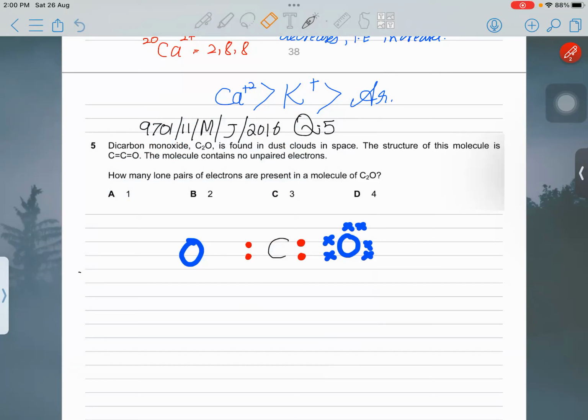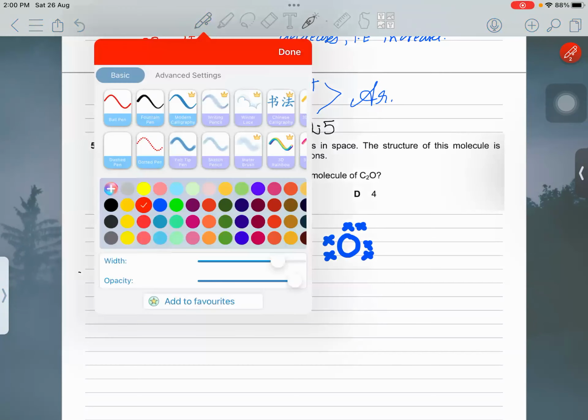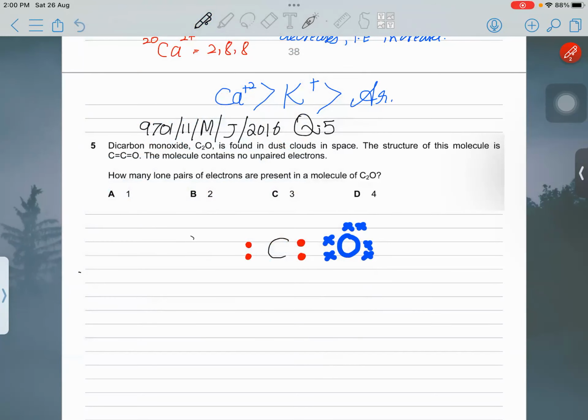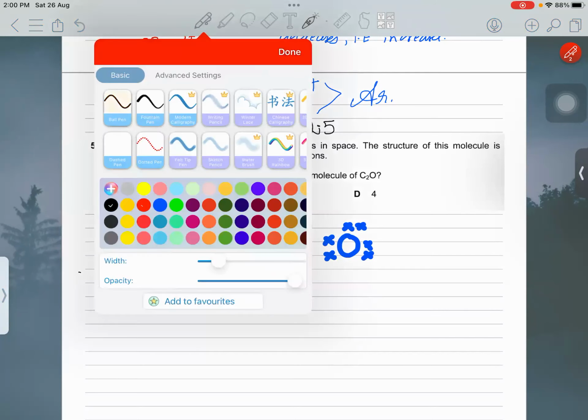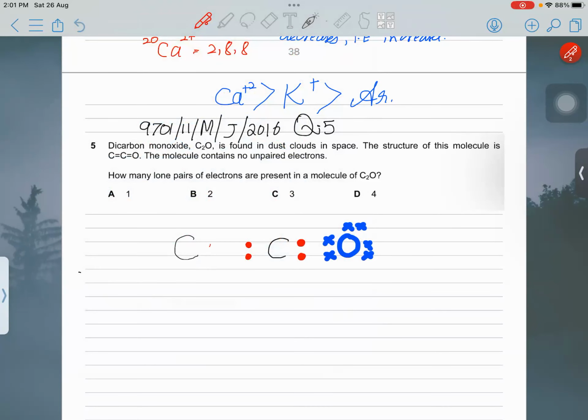Now this is C, so it is also C. This is C2O.